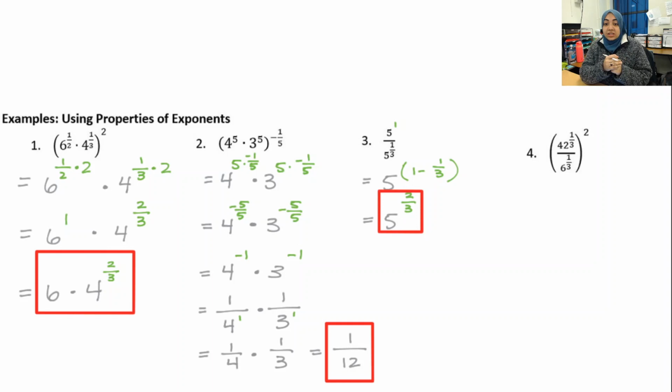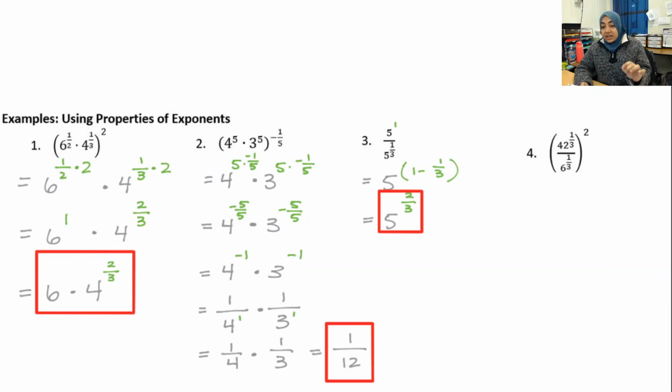There's several ways that you can go about doing this. You can go ahead and do power to a power, and you can do 1/3 times 2 and then 1/3 times 2 in the numerator and the denominator. That's totally an option. However, I know my multiplication tables pretty well, and I know that 42 can be divided by 6 evenly, right? 42 is divisible by 6. And I see that the exponents are the same.